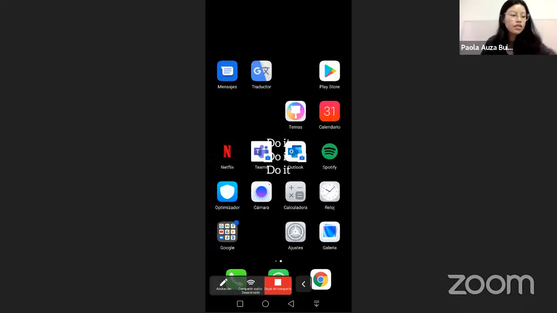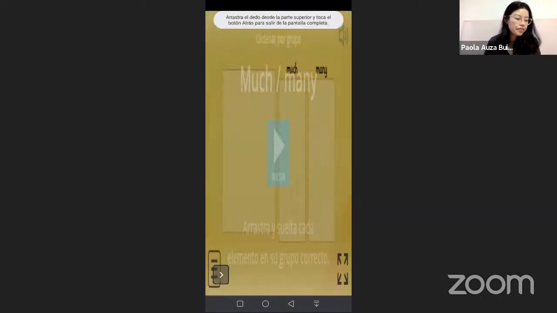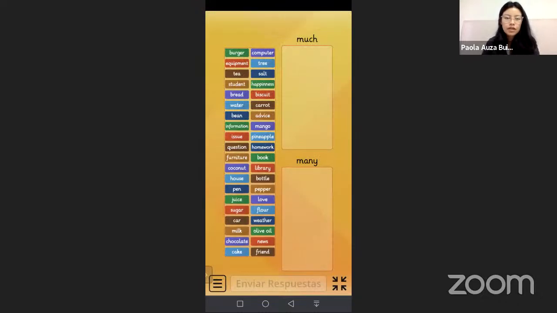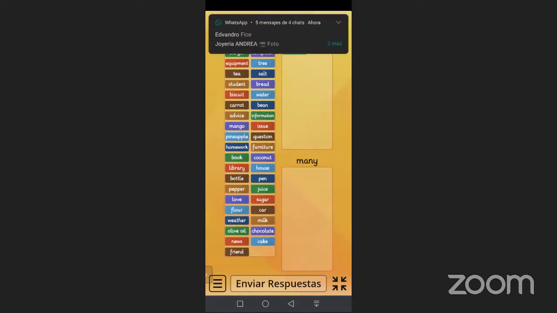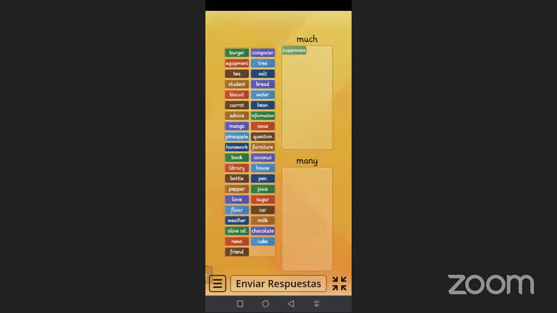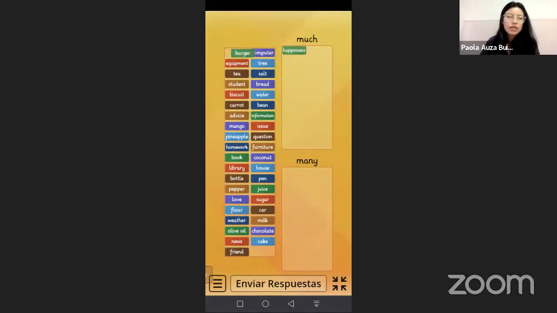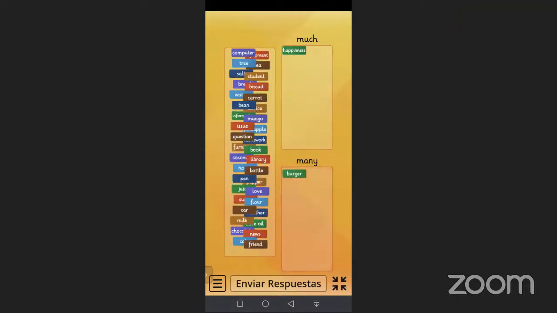All right, I think it's charging. Great. Awesome. Okay, so which ones belong to much? Please track them. All right. So as you remember, much is for uncountable things, no?